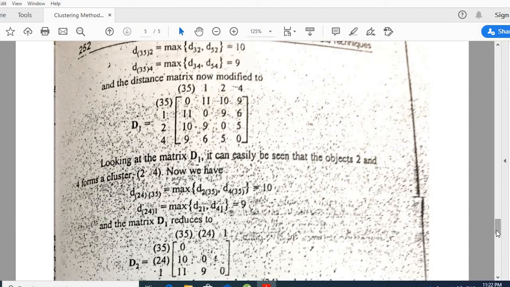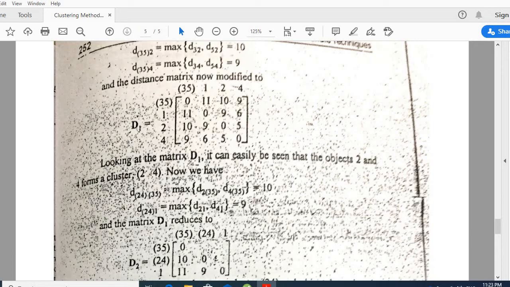Again we will see the minimum distance between two individuals or two objects, that is 2, between 2 and 4, then 2 4 and 3 5.